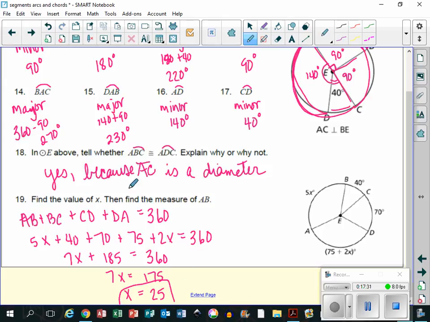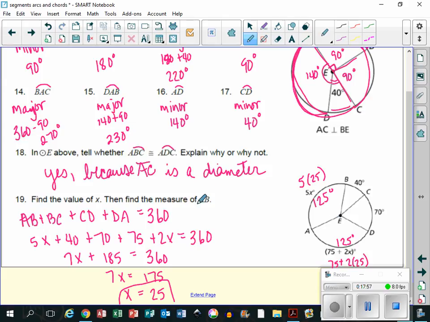So find the value of x, then find the measure of AB. 5 times 25 makes this arc 125 degrees. This one would be 2 times 25, which is 50, plus 75. So this one is also 125. So these two arcs would be congruent to each other.